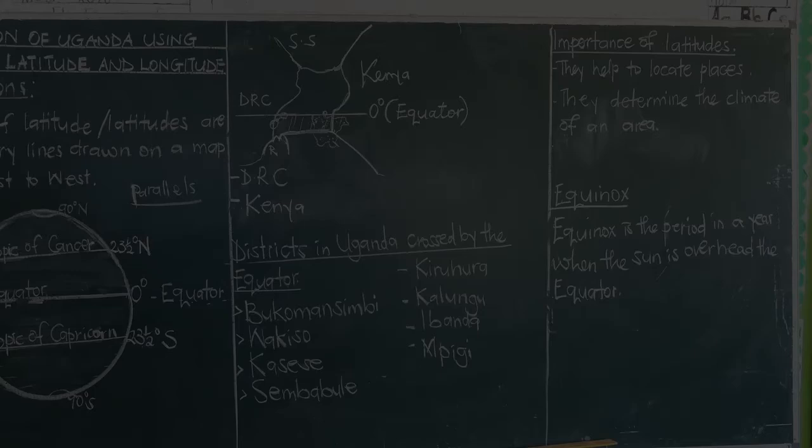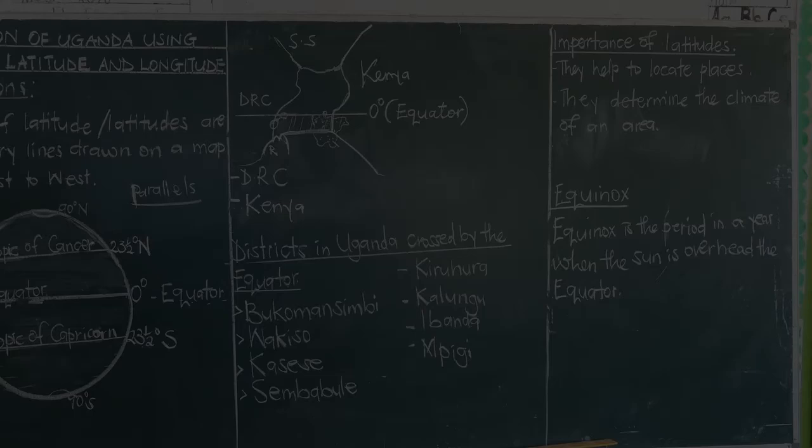Importance number one. Remember, on our heading we are saying location of Uganda using lines of latitude and longitude, which means we are going to have our first answer saying that these lines are used to locate places.